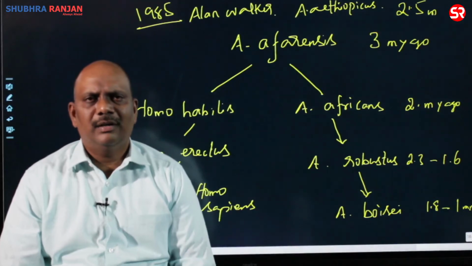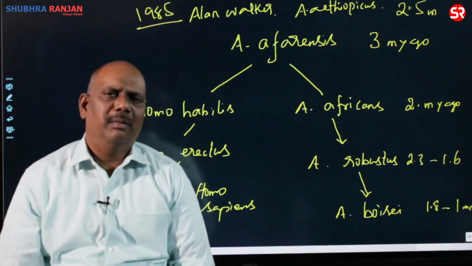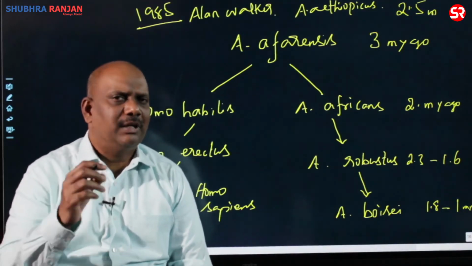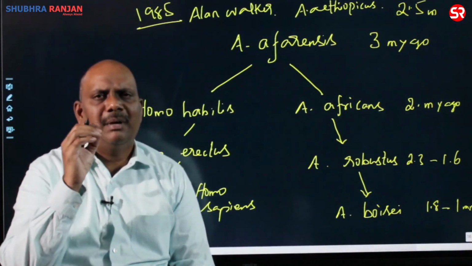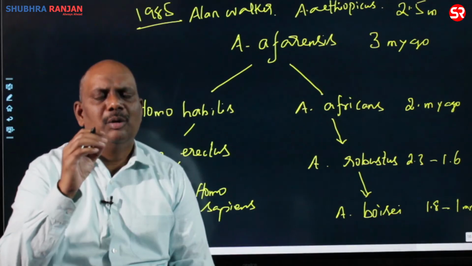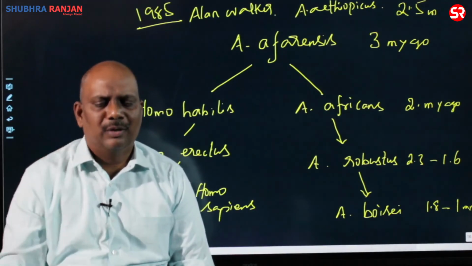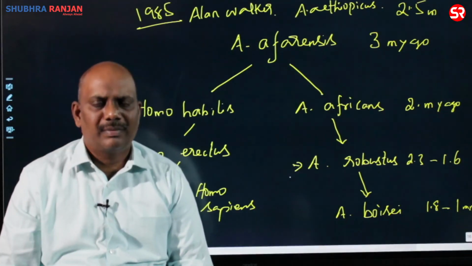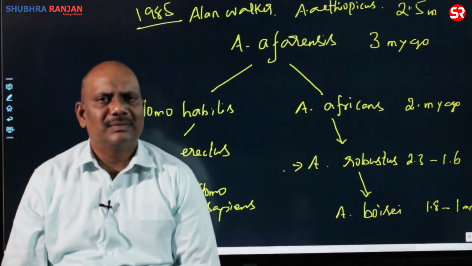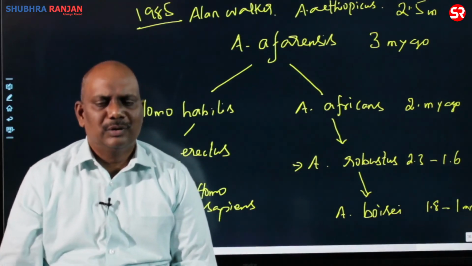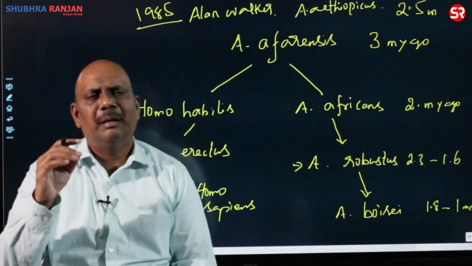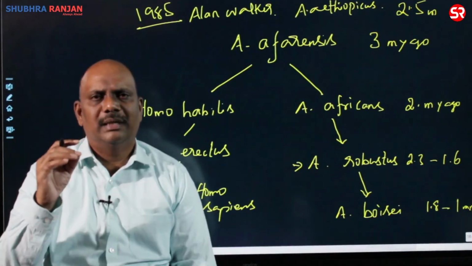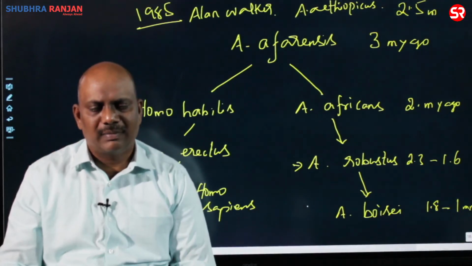There was some problem in accommodating this fossil in this table, because it had a number of features which are more progressive than robustus. So this aethiopicus is certainly a progressive Australopithecus when compared to robustus.